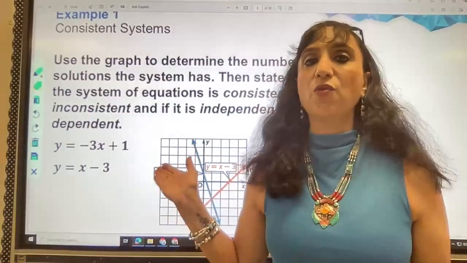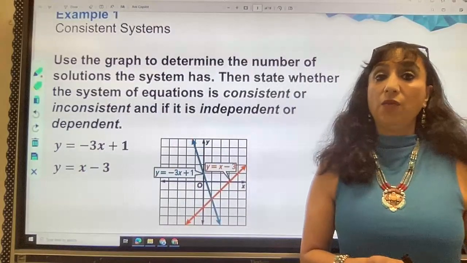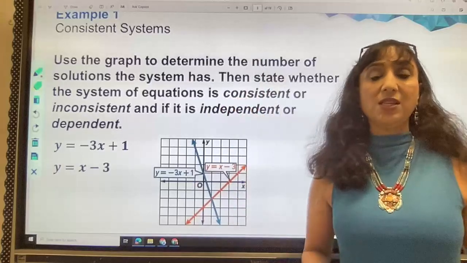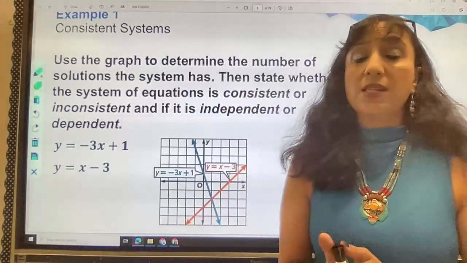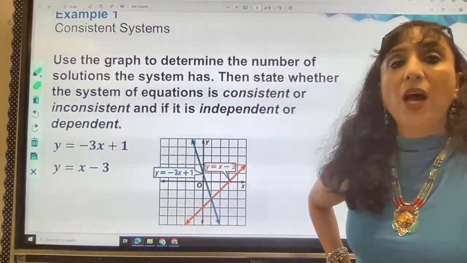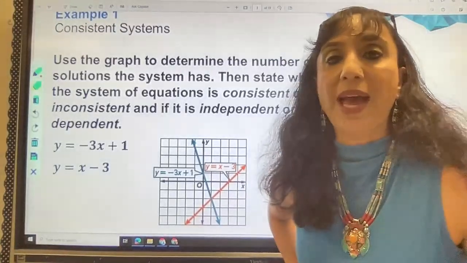So let's look at this graph over here. The example is labeled consistent system, so we know this is a consistent system of equations. Let's use the graph to determine the number of solutions the system has.